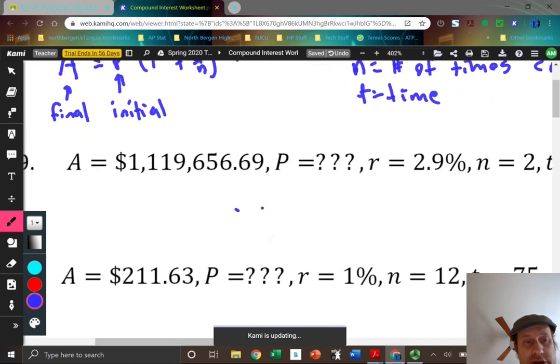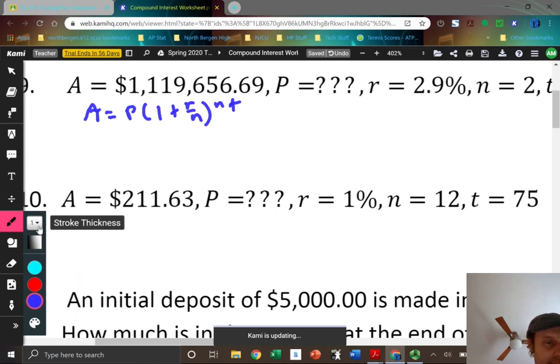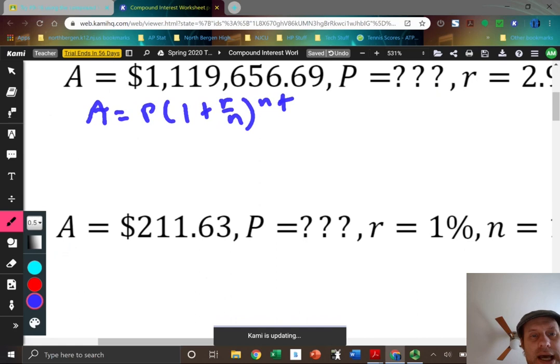If we're using their actual variables, we would write this as A equals P times 1 plus R over N to the NT power. No problem. So let's take a look if I'm doing that.